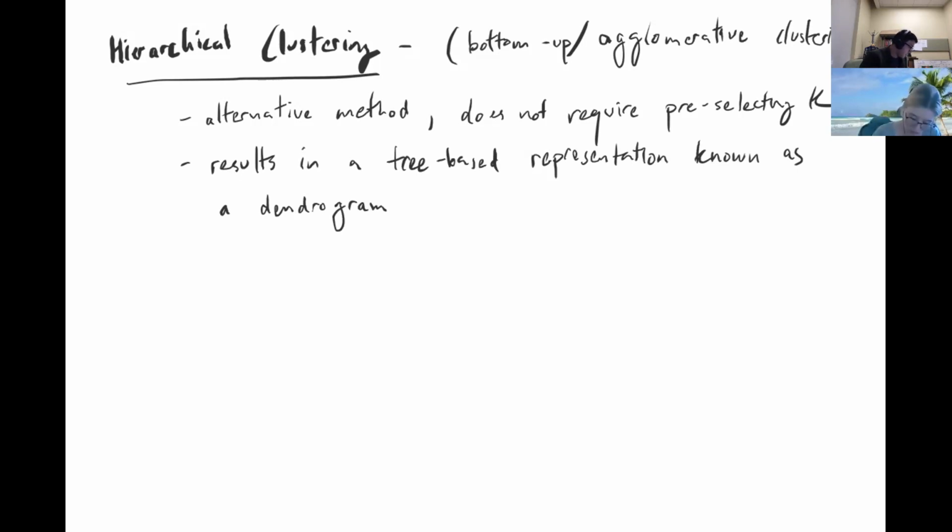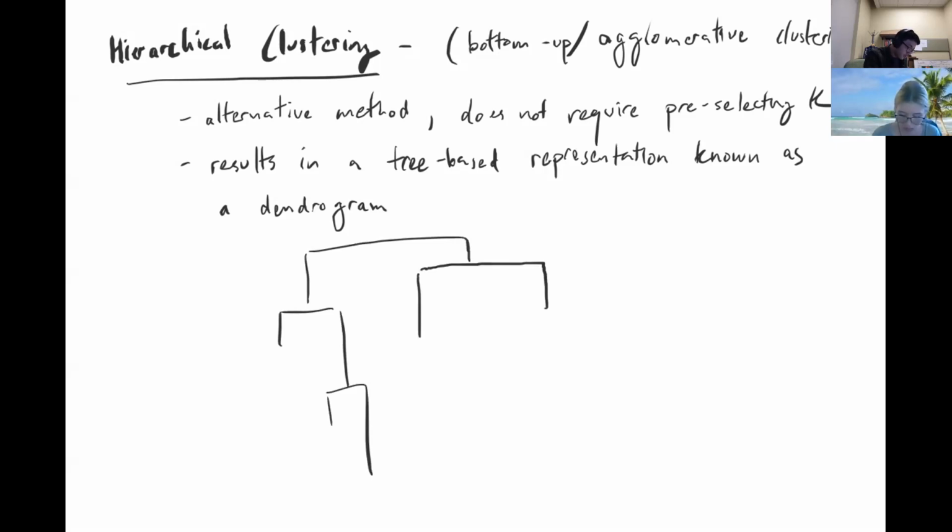Okay, so I will draw an example tree, and then we can go through some of the nomenclature related to the tree. So let's draw something like this, and then maybe something like this.